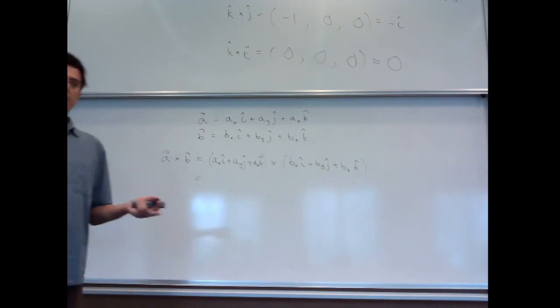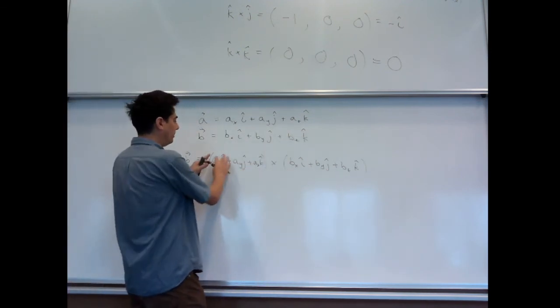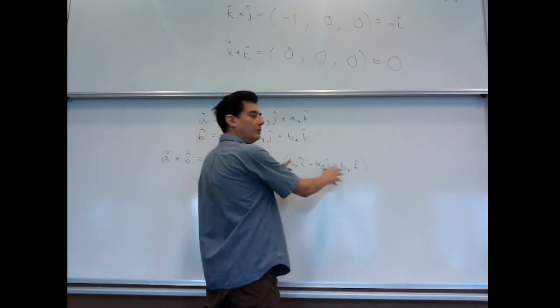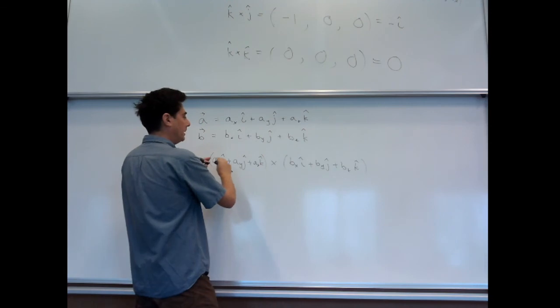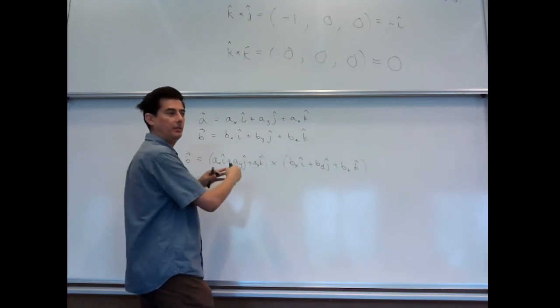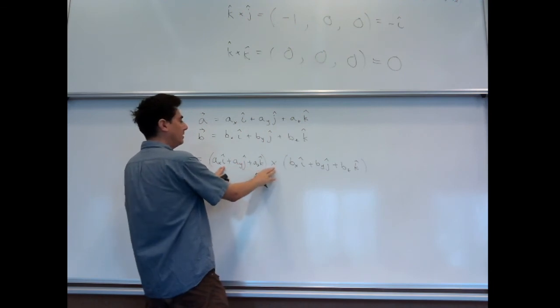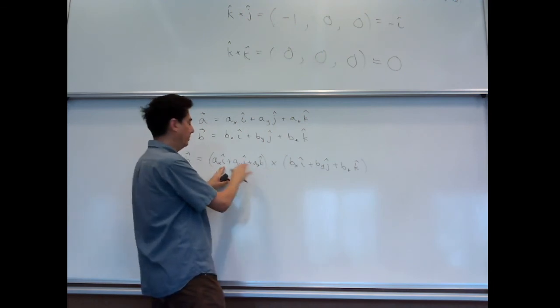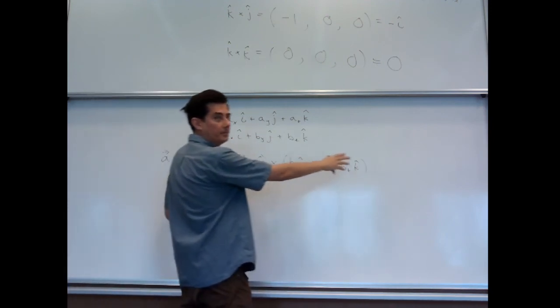Then I'm going to just multiply this whole thing out. Just treat these as some sort of algebraic variables, and just expand it out as if you're just doing your algebra. But you have to make sure that you don't change the ordering of these things. So there's actually 9 terms in general.